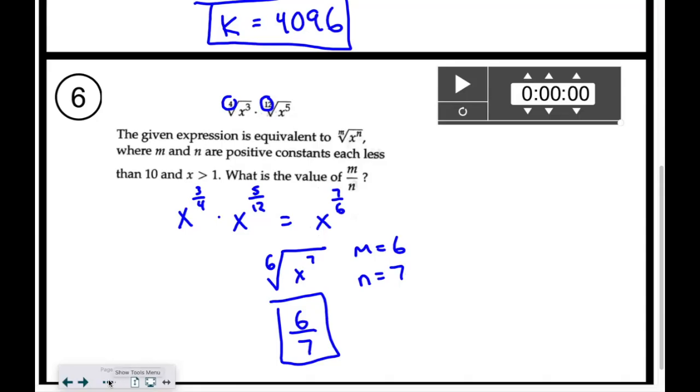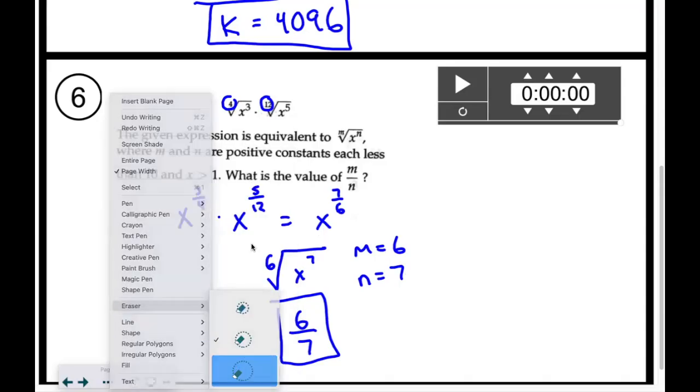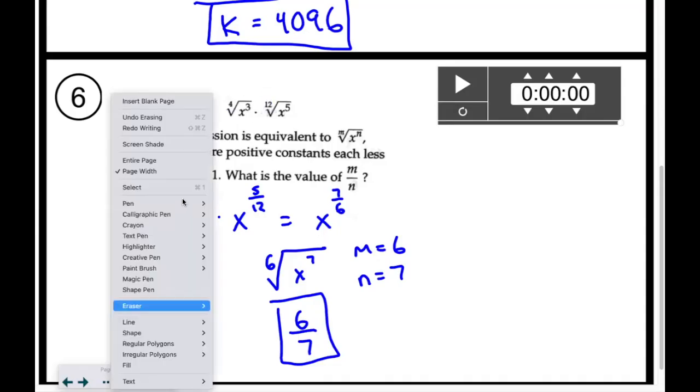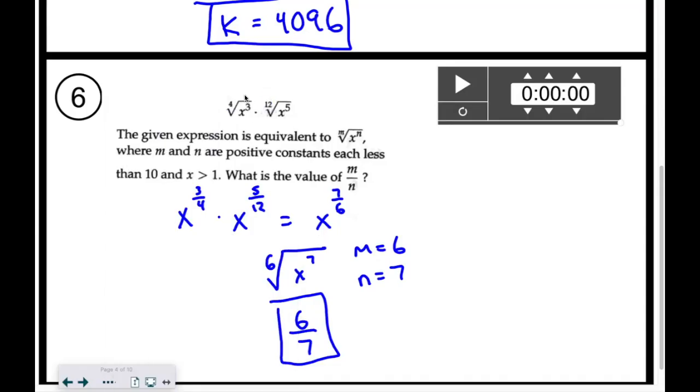Just to go over the other way to do it, you can multiply radicals as long as they're both the same. So this, the 12th root of x to the 5th, is good. But for this one, if I want to make this the 12th root, just imagine getting an equivalent fraction.